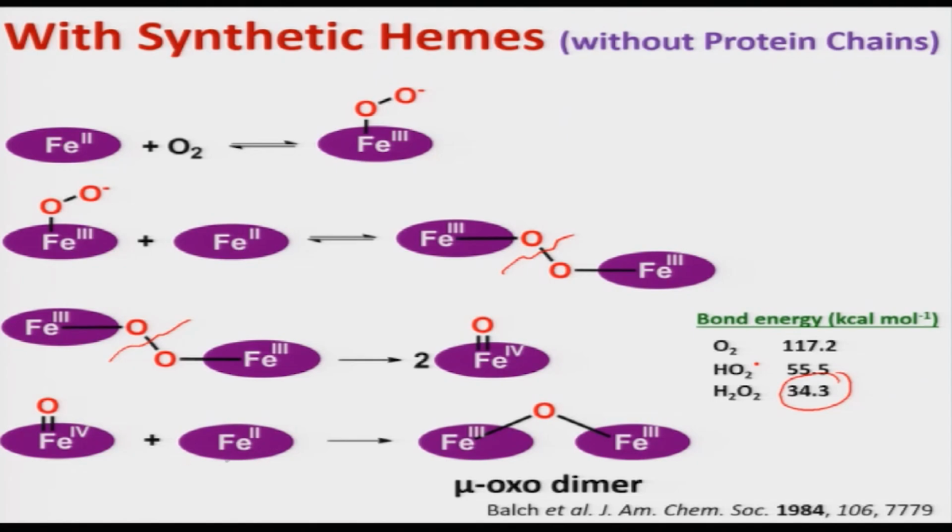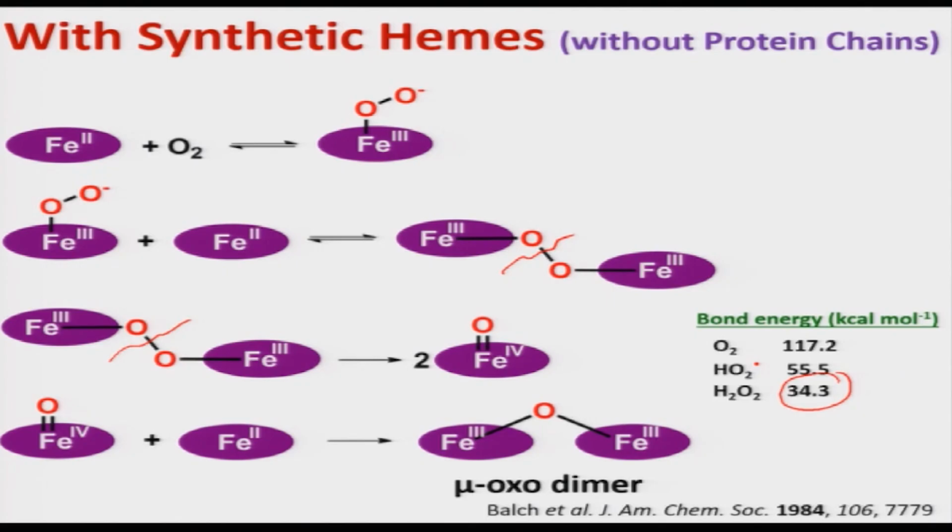to another iron(II) heme center, and forms this iron(III) mu-oxo dimer, which is very stable. So, this is what is being proposed for synthetic hemes, which convert to mu-oxo dimer.